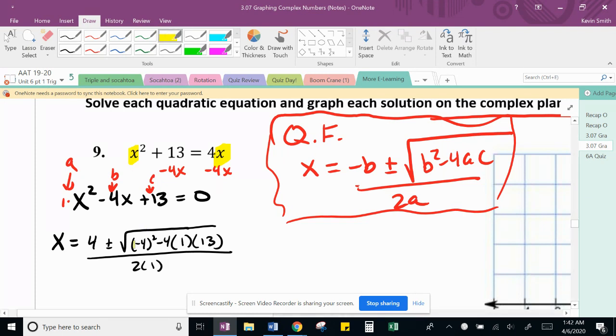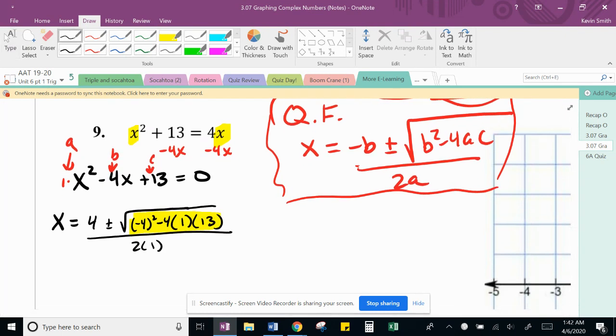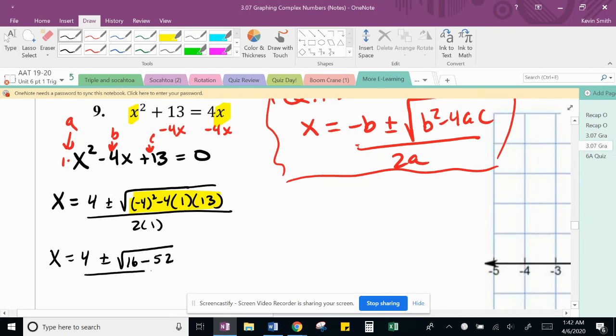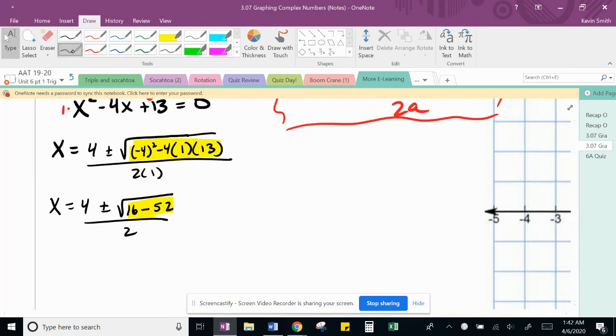Whenever you do the quadratic formula, you're really just simplifying the radical every time. So we get x equals 4 plus or minus the square root of 16 minus 52 over 2, which is x equals 4 plus or minus square root of negative 36 over 2.